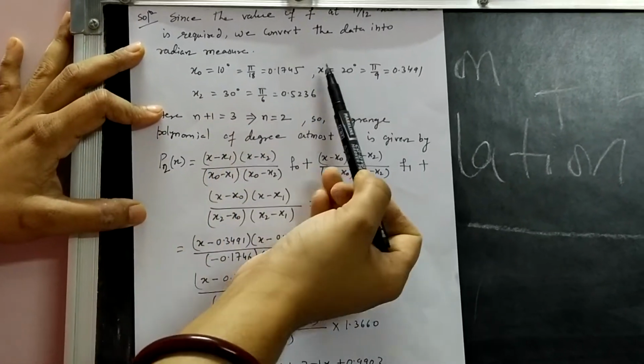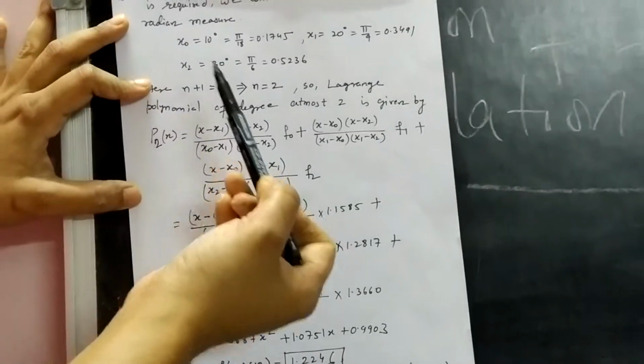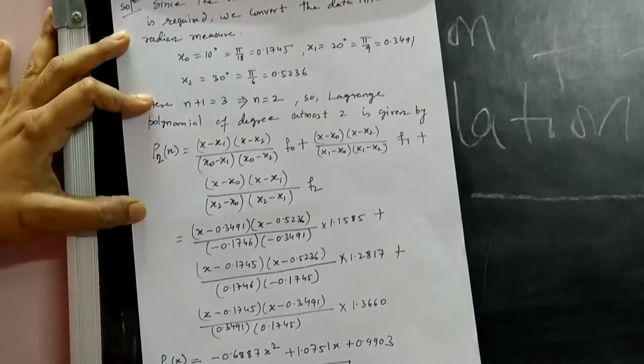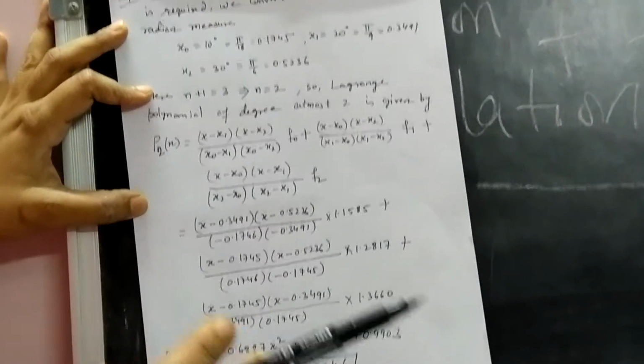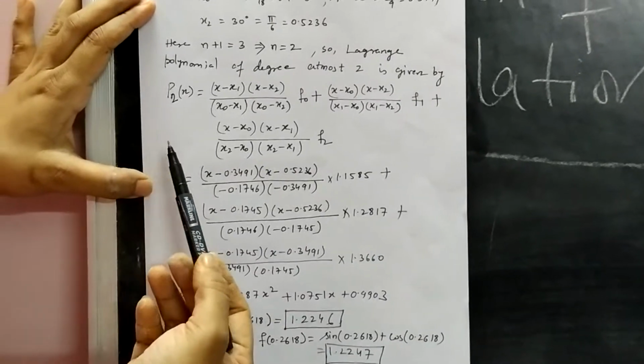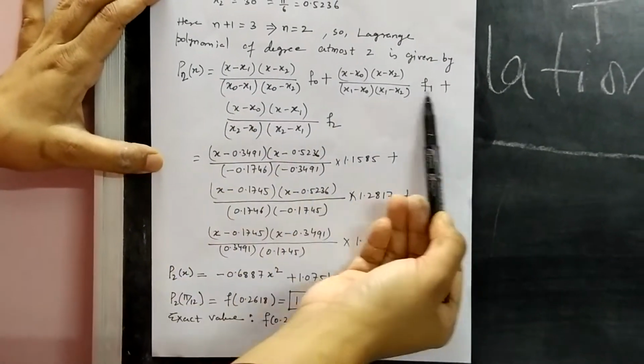So here x0, x1, x2, n plus 1 equal to 3. As per the formula we can get the Lagrange interpolating polynomial of degree at most 2. So writing the Lagrange interpolating polynomial formula for degree at most 2, we can have the terms like this.